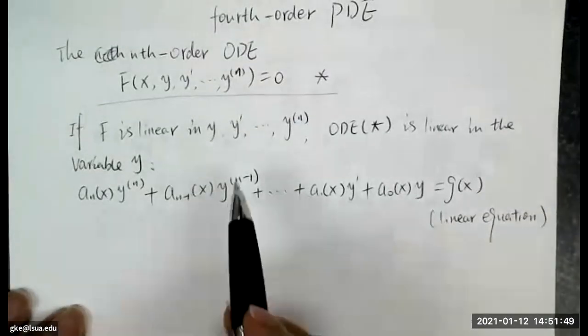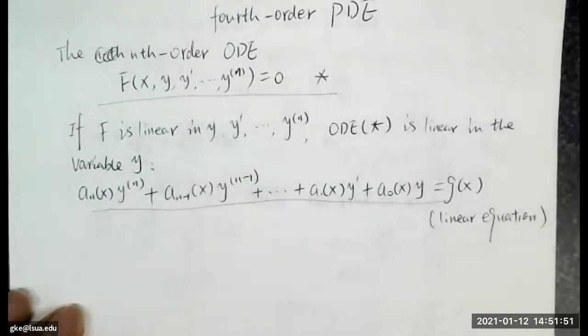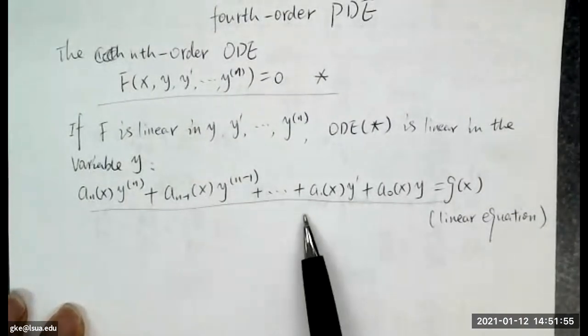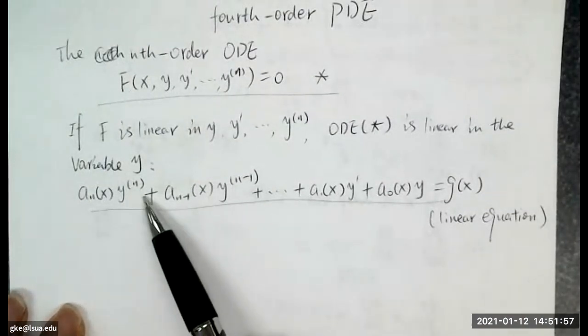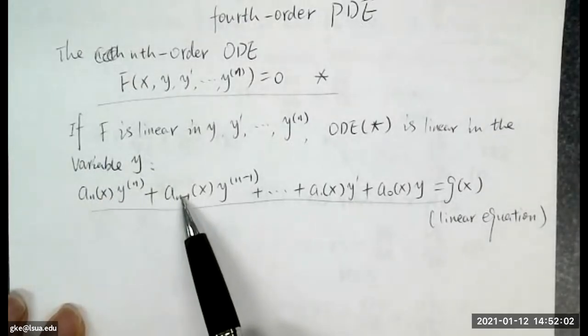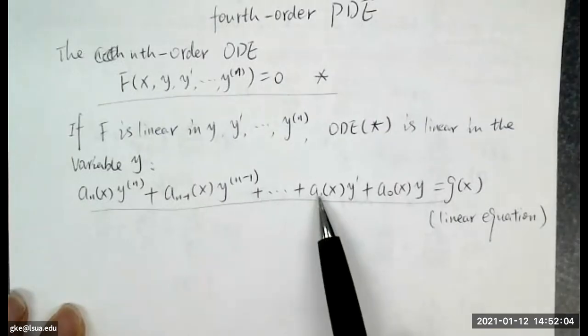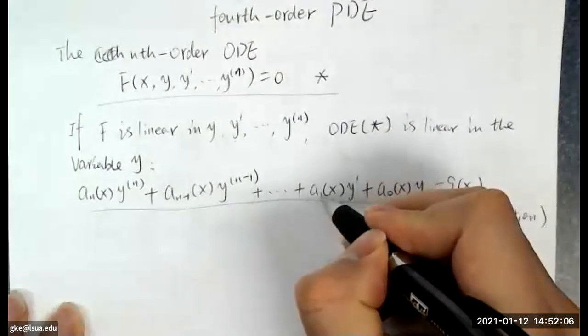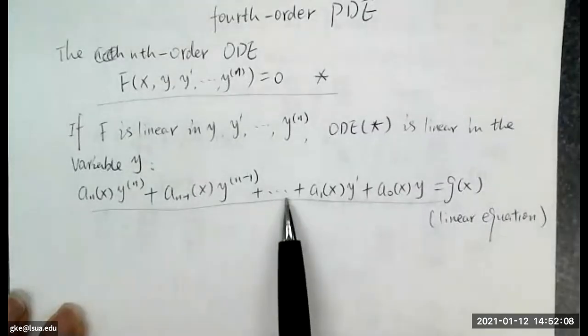And be careful when you take a look at this expression or this equation. You can tell for the coefficients of the y, here's a_n(x), a_(n-1)(x), until a_1 and a_0.